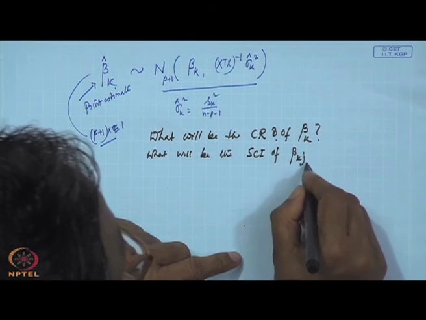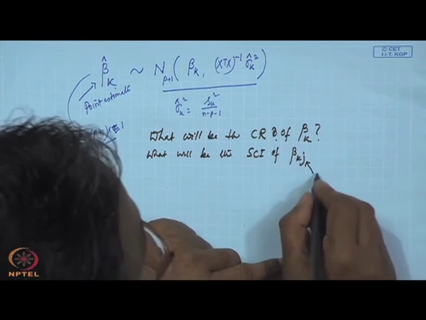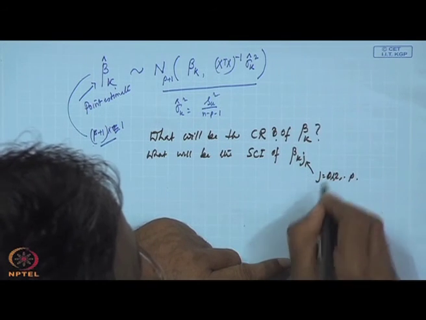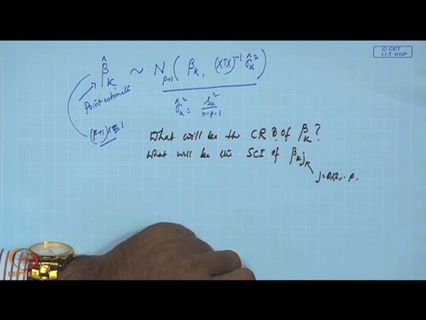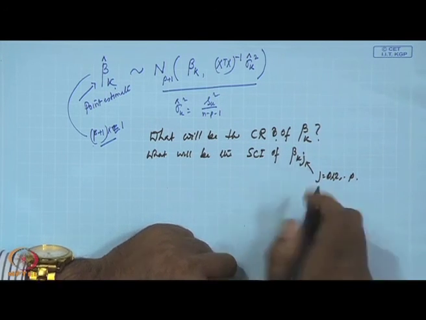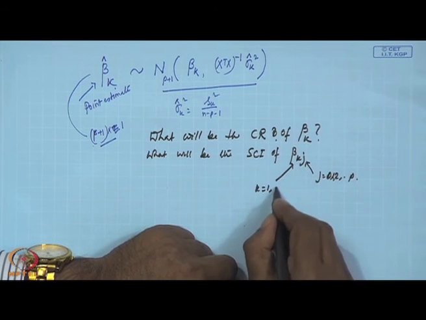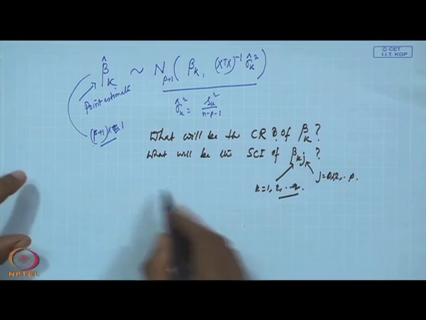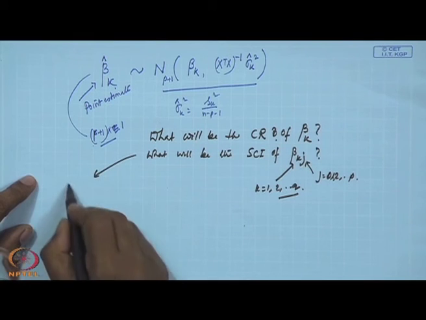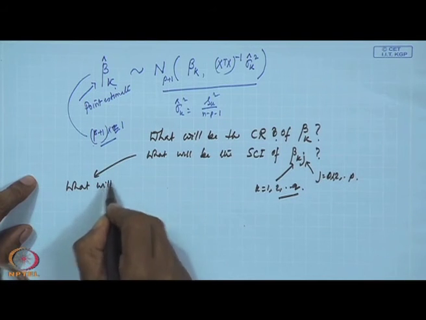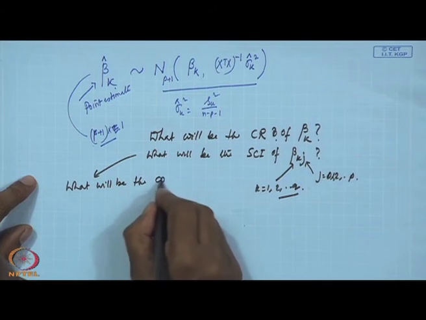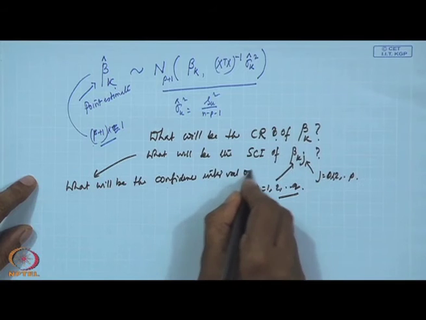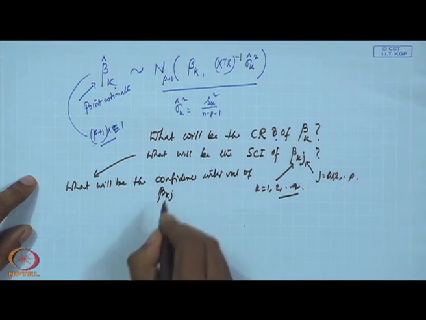Here j goes from 0 to p, for all the regression coefficients related to the x variables, and k goes from 1 to q. Then what will be the confidence interval of beta kj?